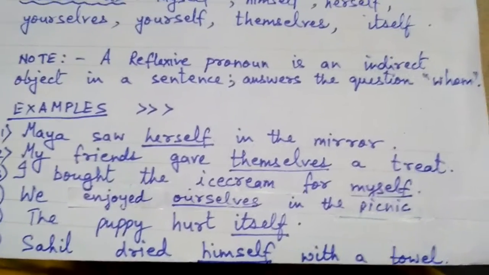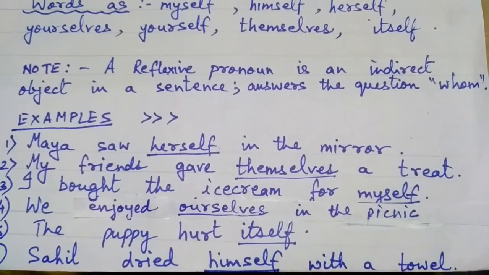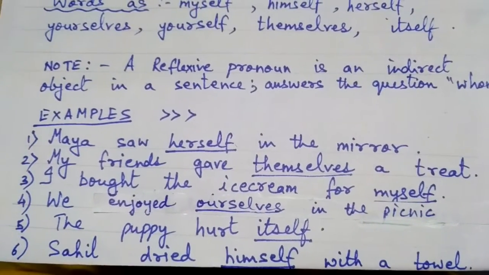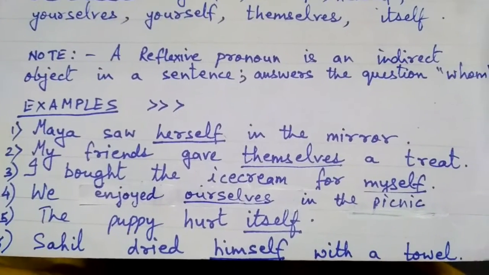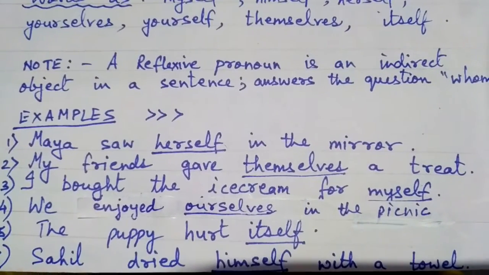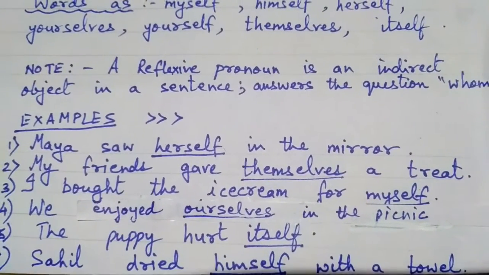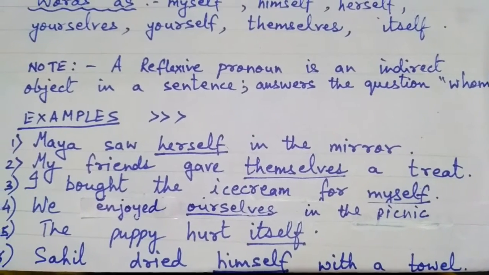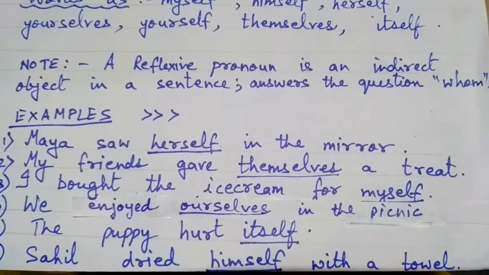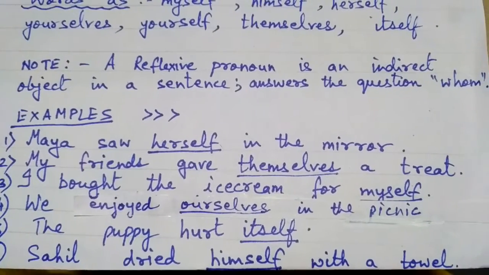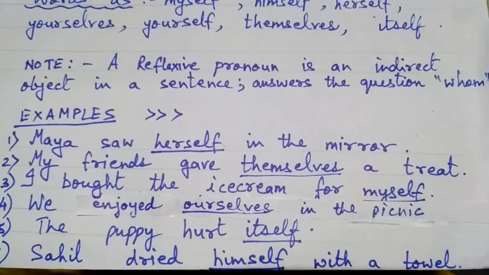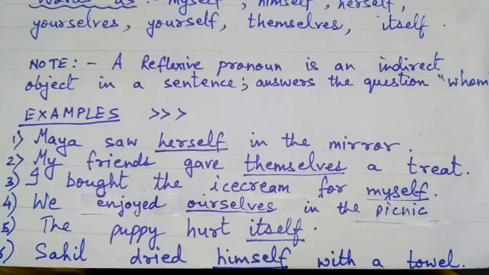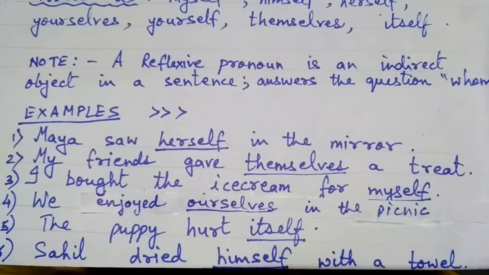Let us have a few examples of reflexive pronouns. Maya saw herself in the mirror. Subject: Maya. What action did Maya do? Maya saw. In the mirror. Whom? Maya saw whom in the mirror? Maya saw herself in the mirror.